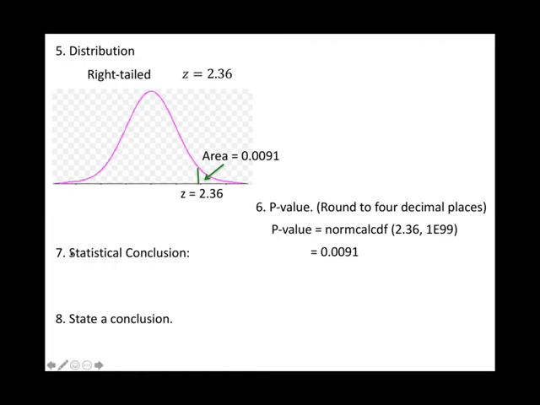Okay, now number 7. Compare with your significance level 0.01. The p-value is less than or equal to it, so that will be reject. Conclusion 1, 2, 3, 4.